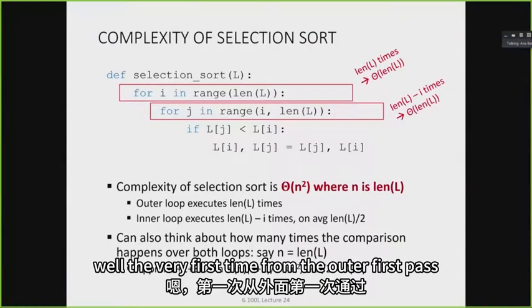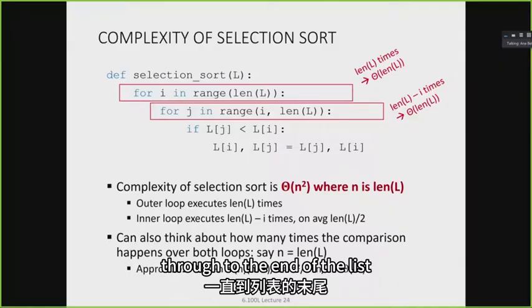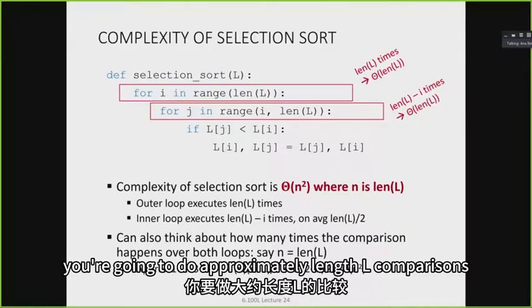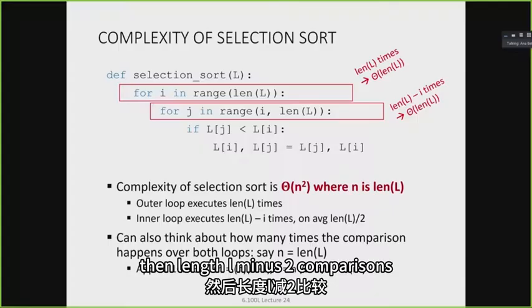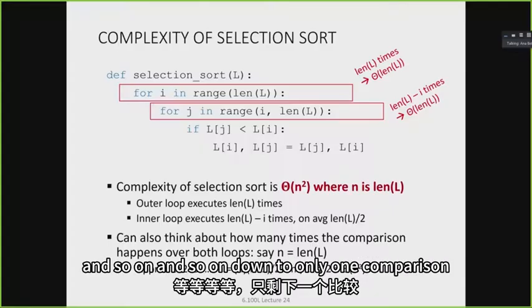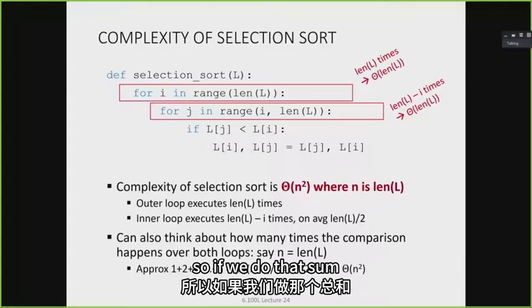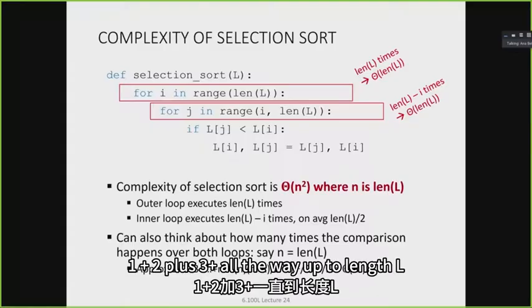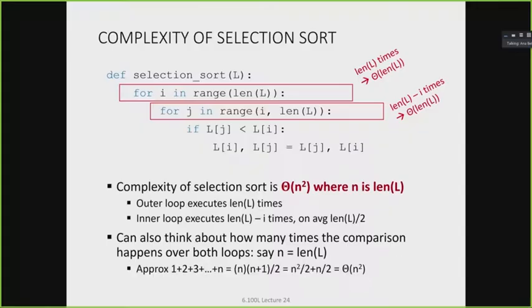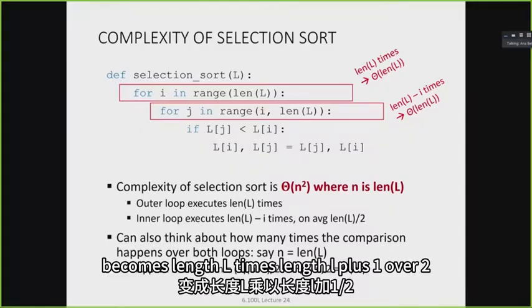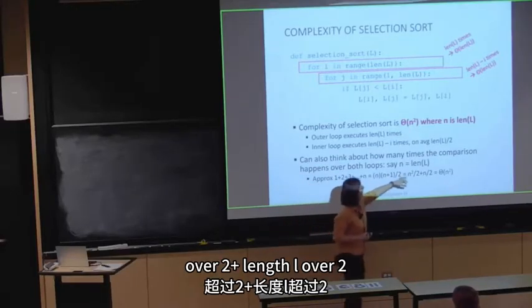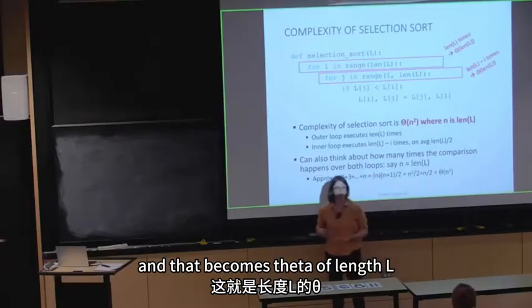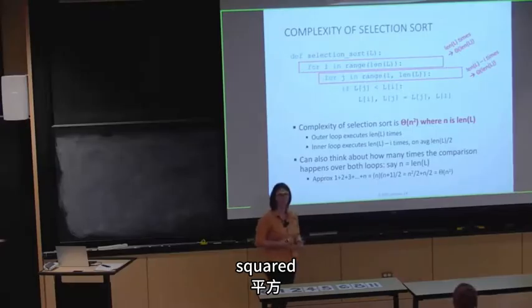Well, the very first time, from the first pass through to the end of the list, you're going to do approximately length L comparisons. The next time, you're going to do length L minus 1 comparisons, then length L minus 2 comparisons, and so on, down to only one comparison. So if we do that sum 1 plus 2 plus 3 plus all the way up to length L, the formula becomes length L times length L plus 1 over 2, so that becomes length L squared over 2 plus length L over 2, and that becomes theta of length L squared.